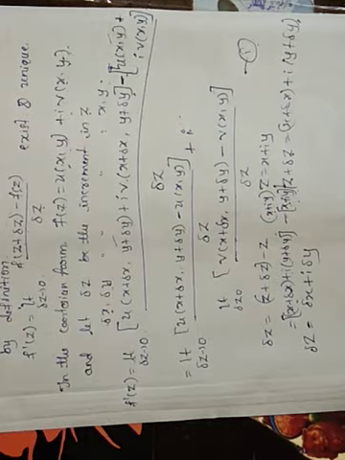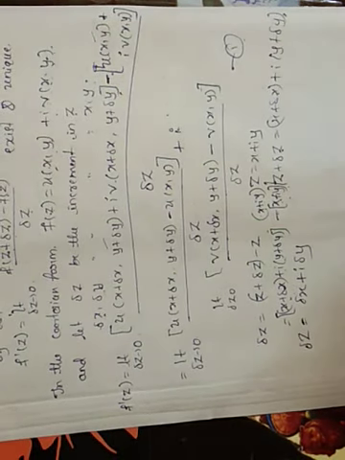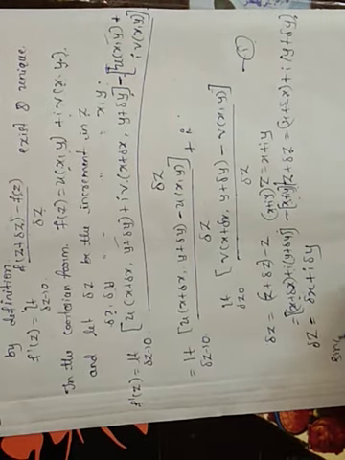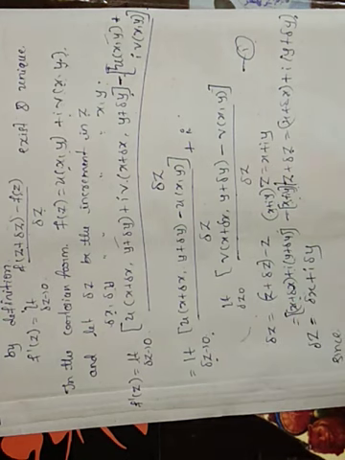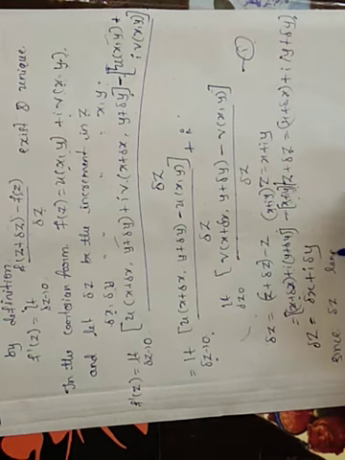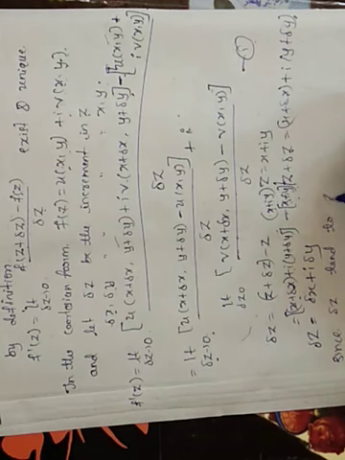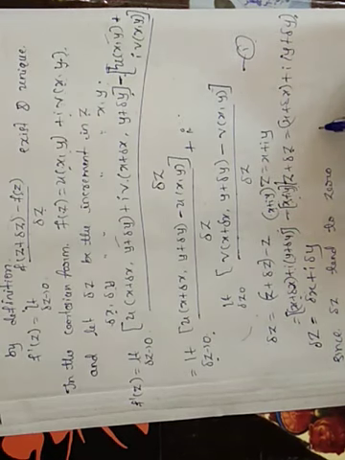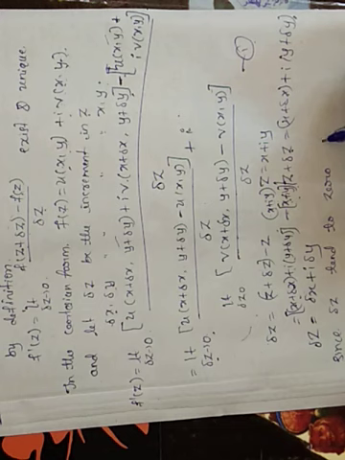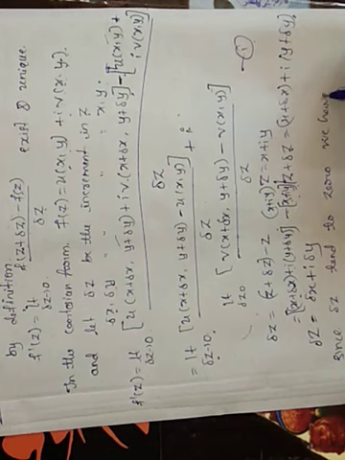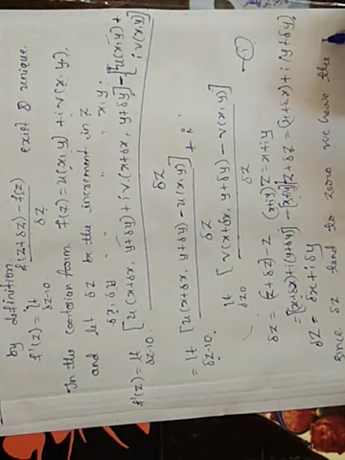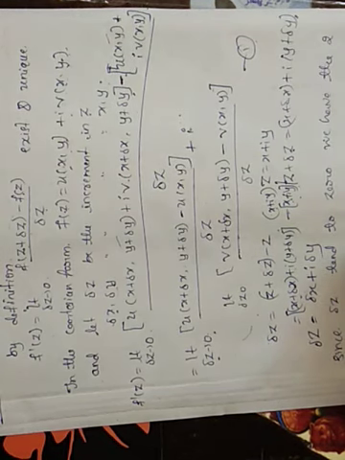So now, since delta z tends to 0, there are two possibilities.